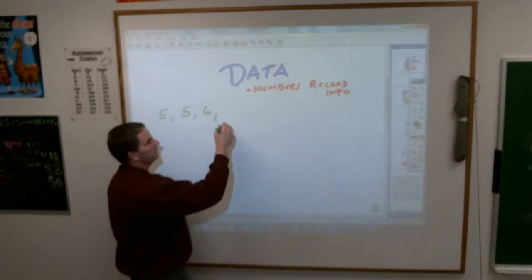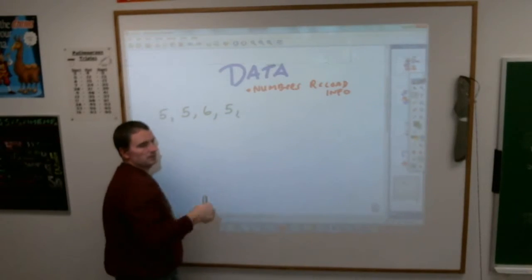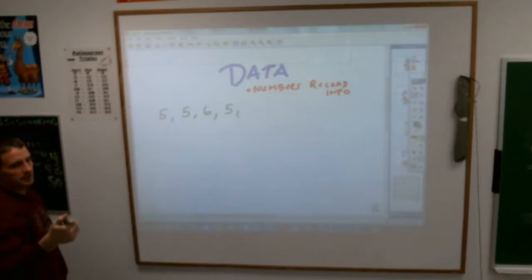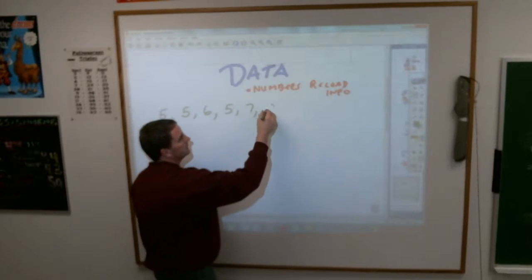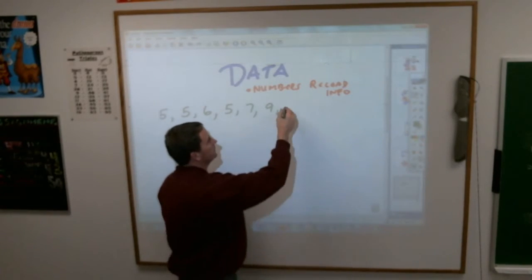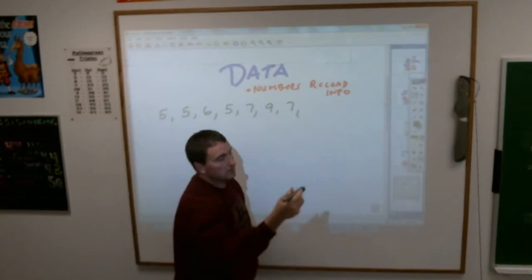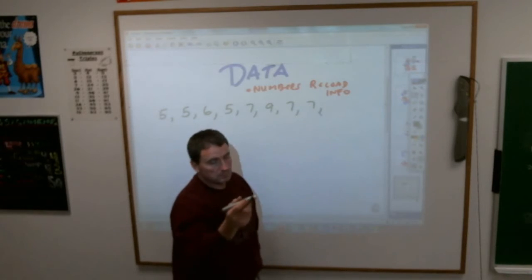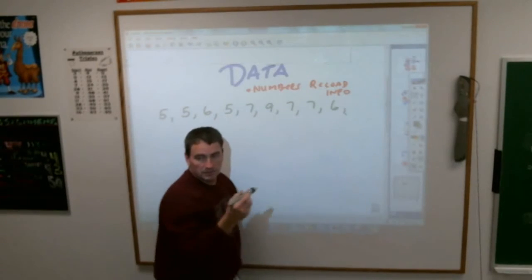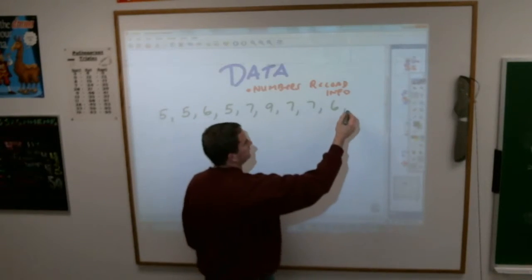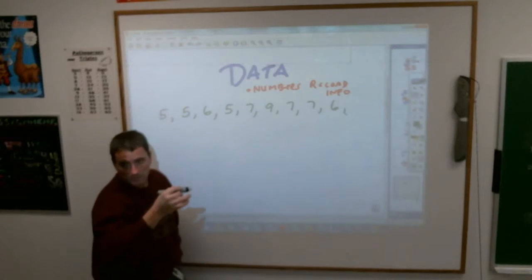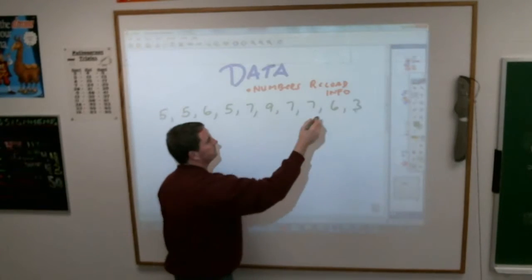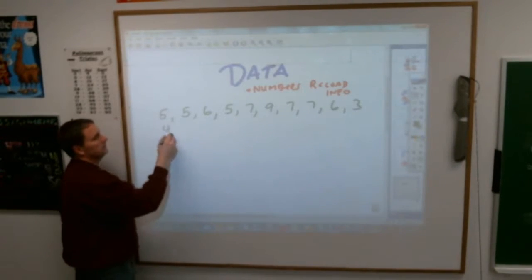Lance. 5. 7. 9. 9. 7. 7. 7. 7. 6. 6. Well, just give me one. You don't know, or 3. 3? Kara? 4. 4.